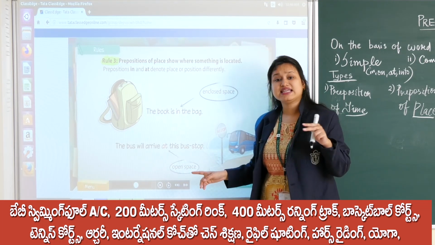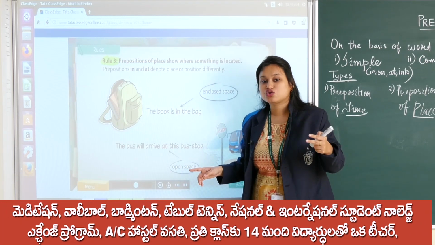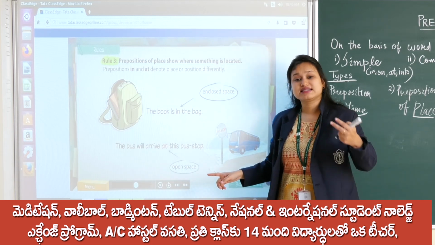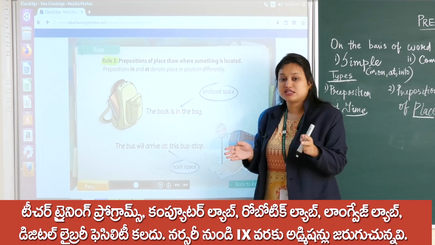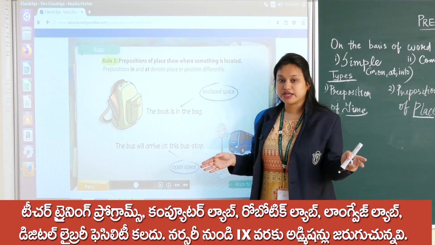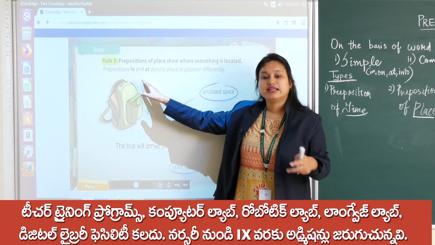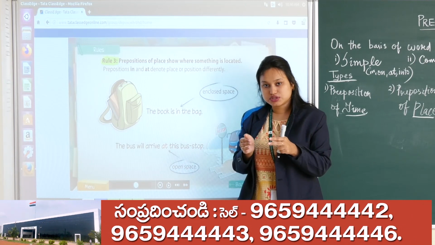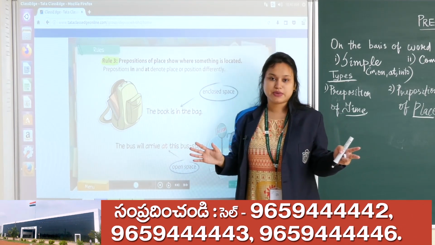But if I say he is sitting in the restaurant, that is right, because the restaurant is a closed area. When I say he is sitting at the bus stop, why am I saying at? Because the bus stop is an open area. So the difference is that in and at both denote place, but in denotes a closed space, and at denotes an open space.